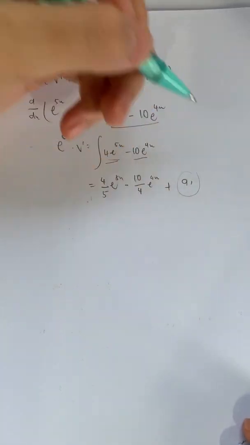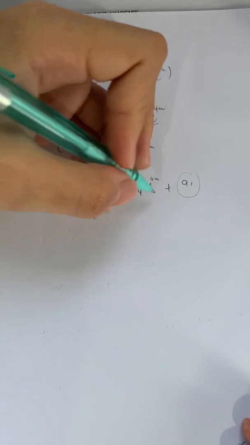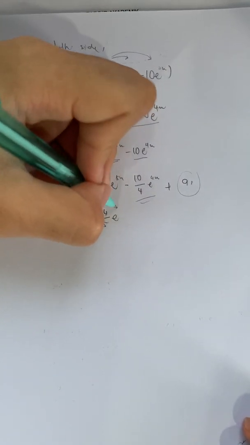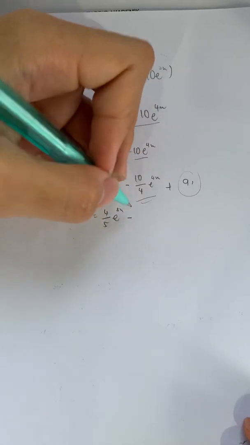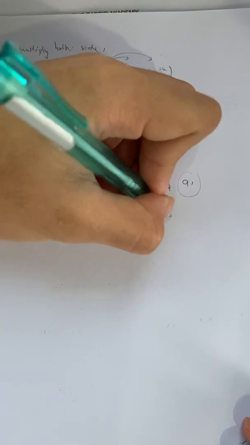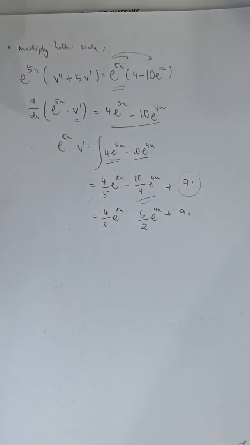So this is the constant. So we can simplify this, become minus 5 over 2 exponential 4x plus a1.